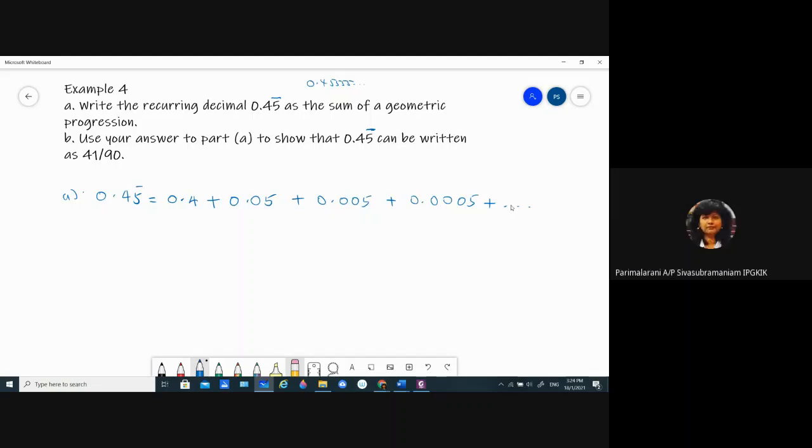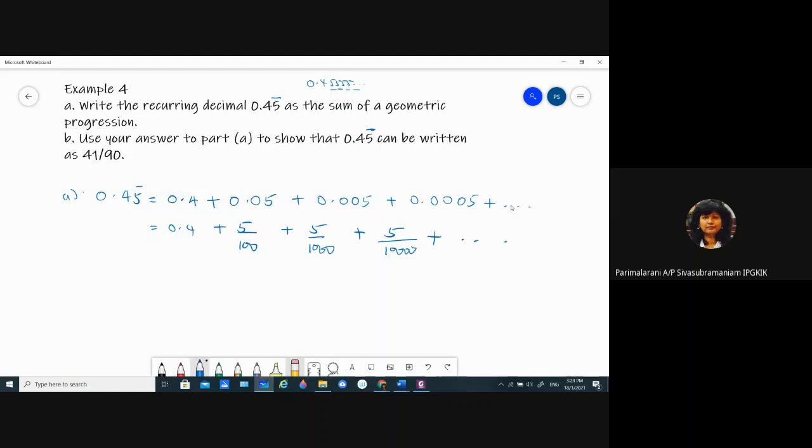Because it's 5 here, this is over 100, over 1,000, over 10,000 and so on. So this is also equal to 0.4 plus 5 over 100 plus 5 over 1,000 plus 5 over 10,000 and so on.